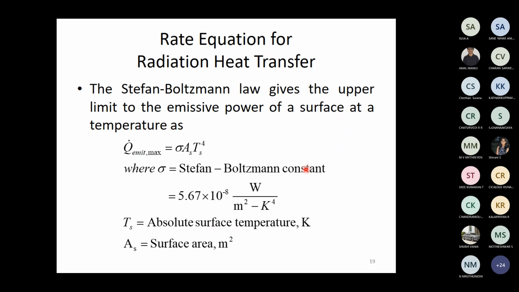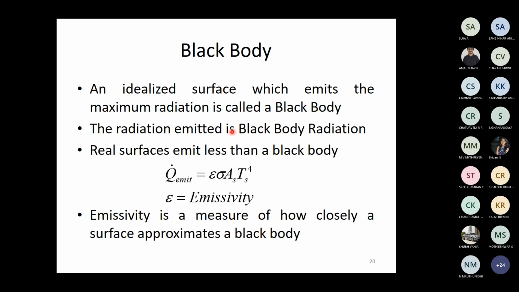Therefore, to modify this equation and to bring about the black body, this equation is modified by including one term called the emissivity. This symbol is called epsilon. So this emissivity symbol is used to bring about the influence of the blackness of a surface. So black body will have this value equal to 1, whereas real surfaces will have a value less than 1.